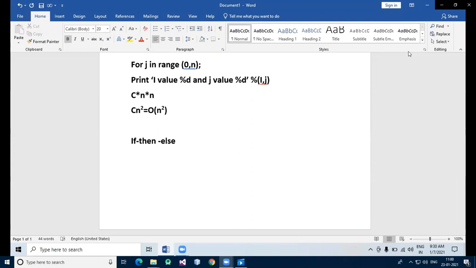So if n is equal to 10, then print wrong value. That is constant time. Then print n.